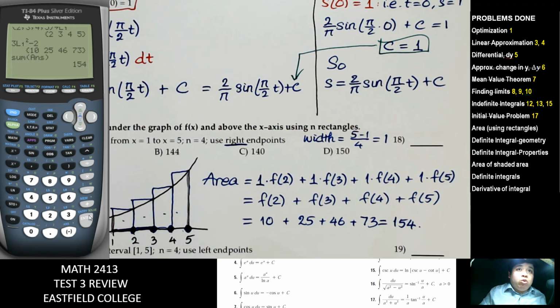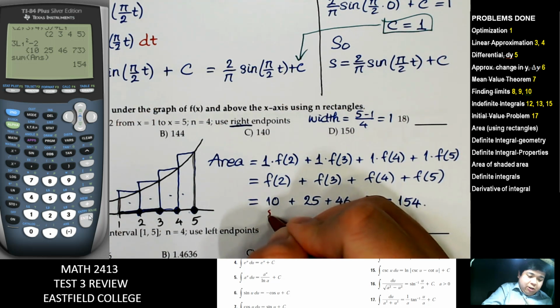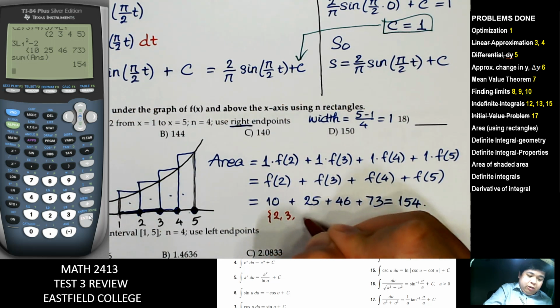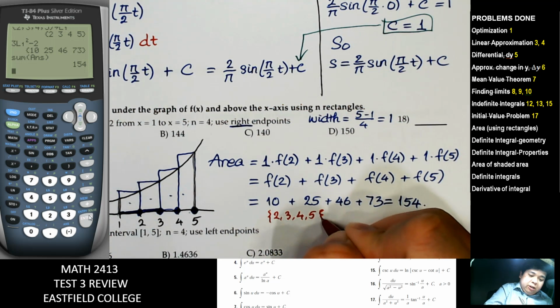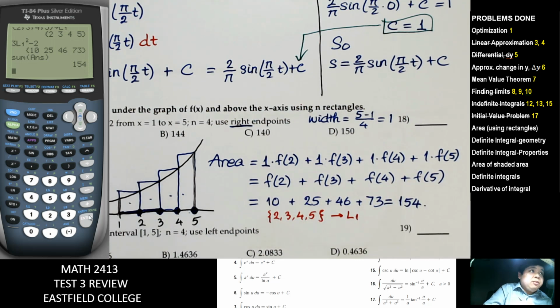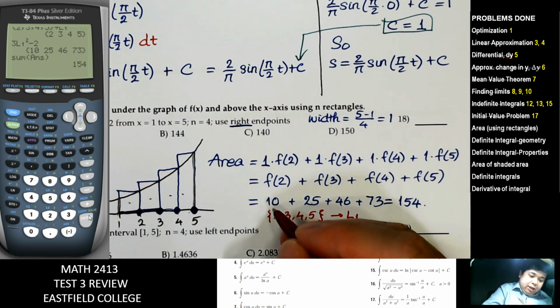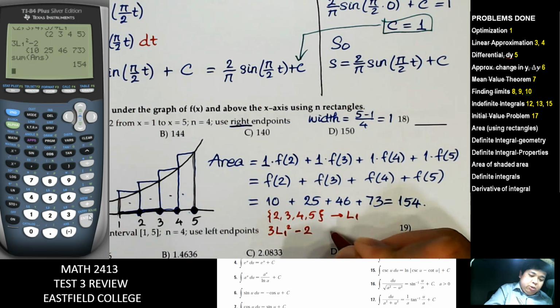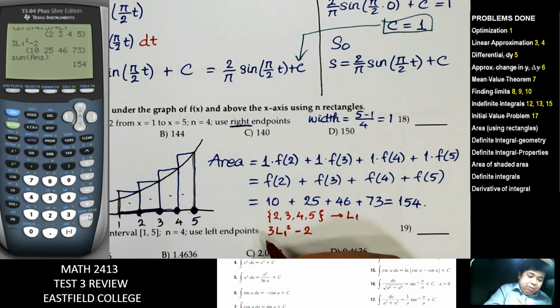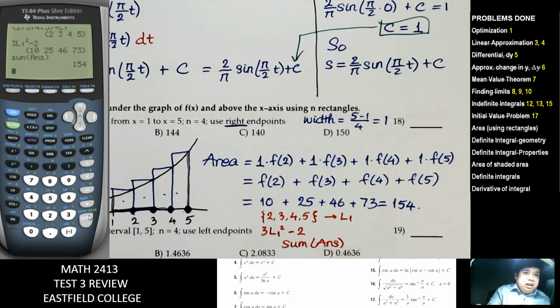So I should write that somewhere. So 2, 3, 4, 5 store into L1, and then 3 L1 square minus 2, and then hit enter, and after that summation of answer, and then hit enter.